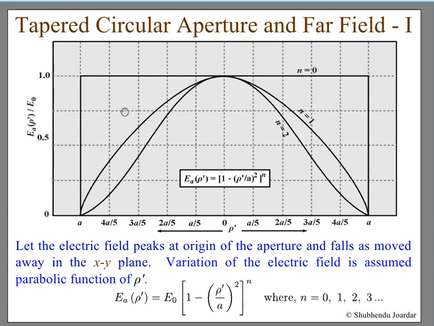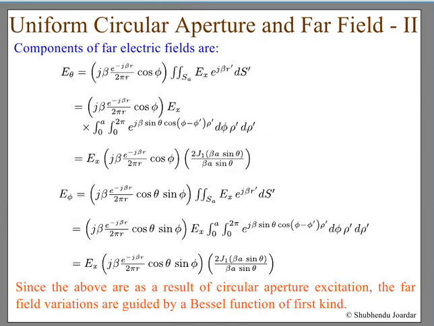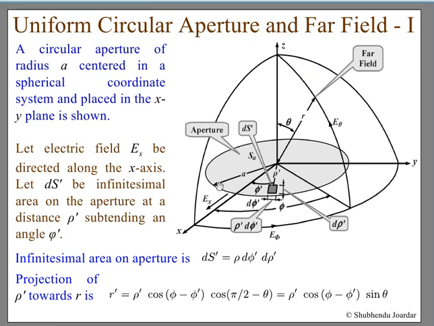Now, we have modeled the intensity of electric field variation across the aperture using a parabolic function. The electric field as a function of rho dash is equal to E naught into 1 minus (rho dash by A) to the power n, where A is the radius of this aperture.